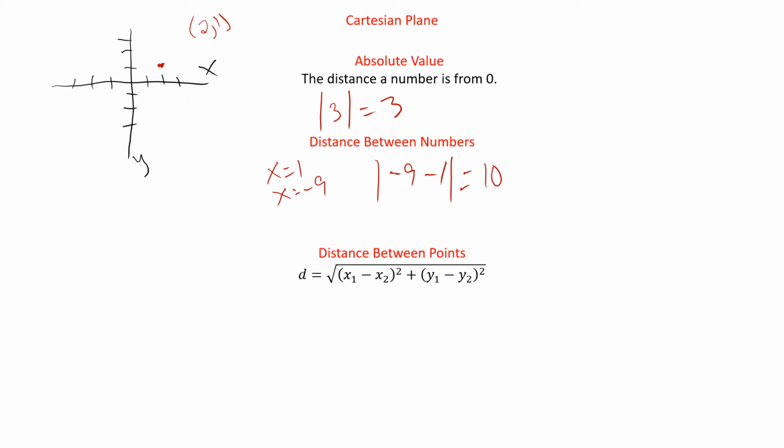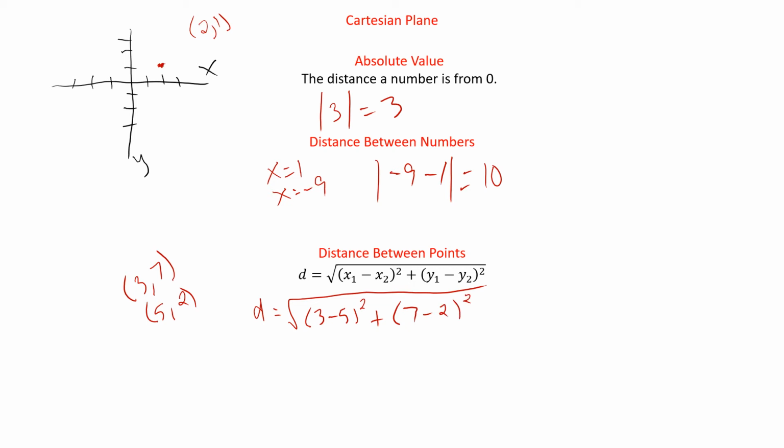So if we have 2 points, let's say we have the point 3, 7 and the point 5, 2, the distance between them is going to be square root. We're going to have x minus x, so that's 3 minus 5 squared, plus, then y minus y, that's 7 minus 2 squared.